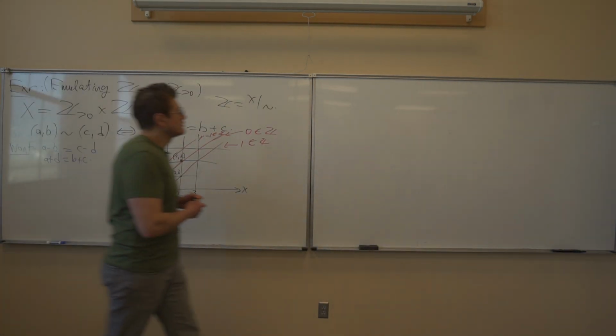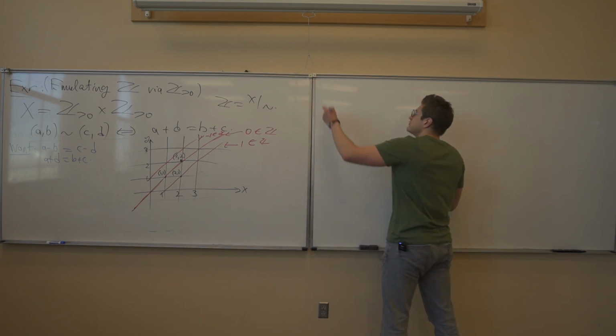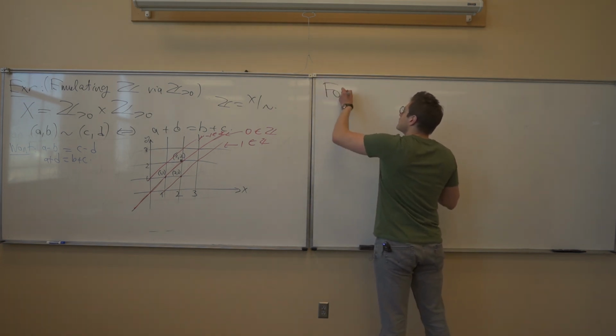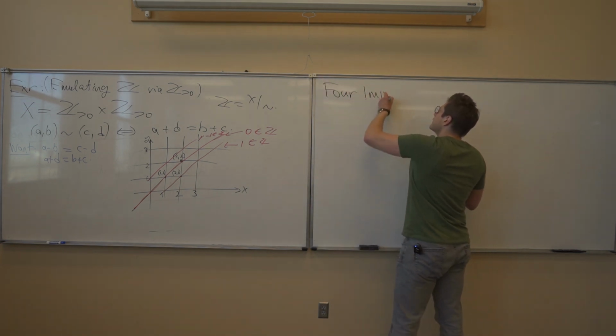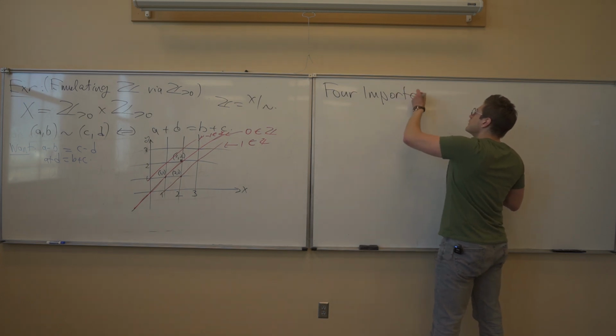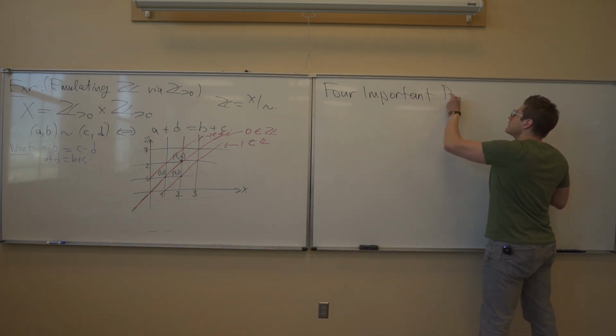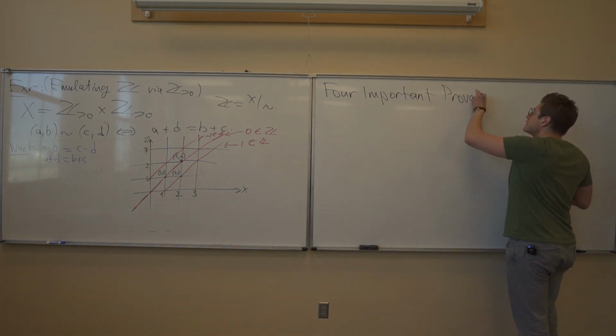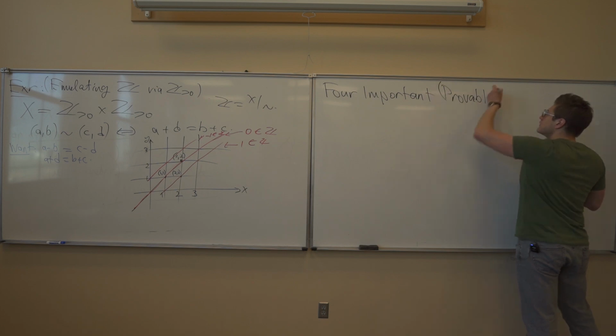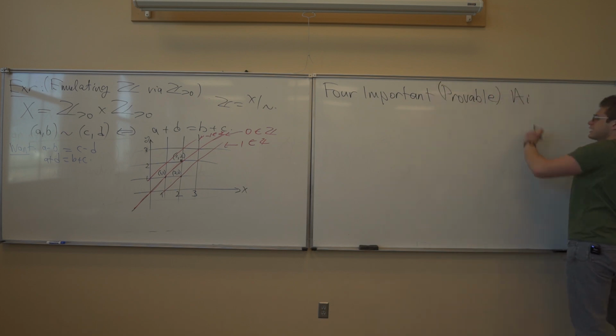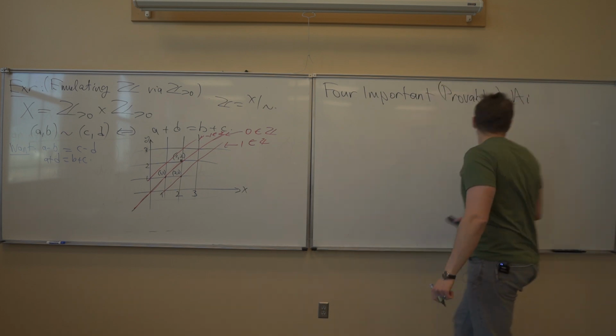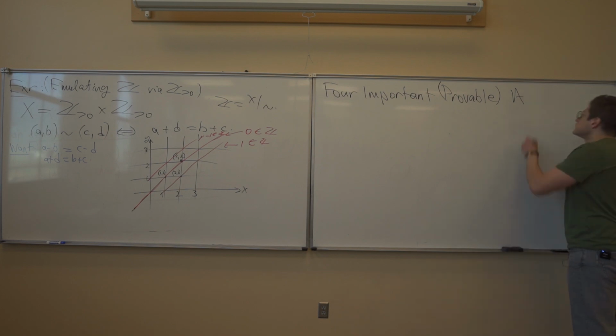Four important, provable axioms about numbers.